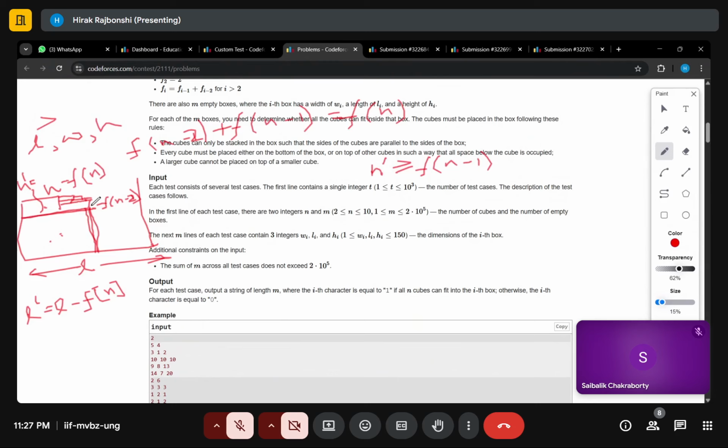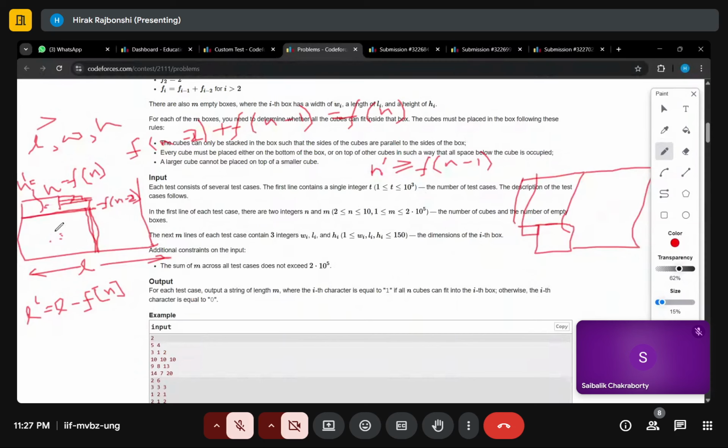Because this is the Fibonacci sequence: first this, then this will be 2, adding these two will get the third box, and then this will be the next box. So if after placing the first box we have enough space to place the second box on top of this one, then the answer will always be true.